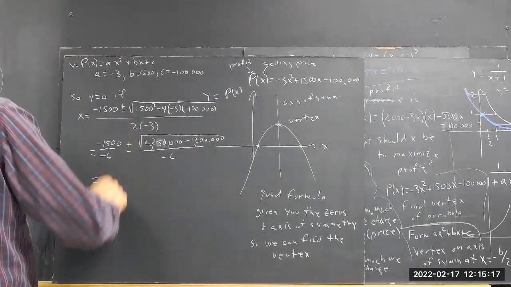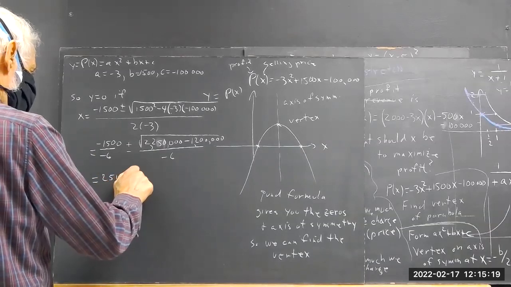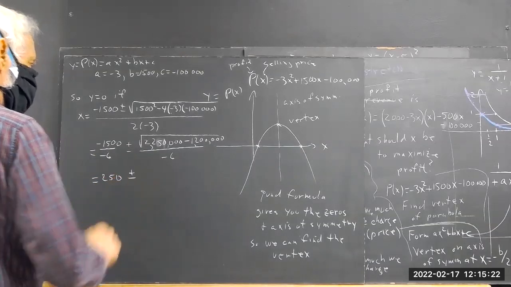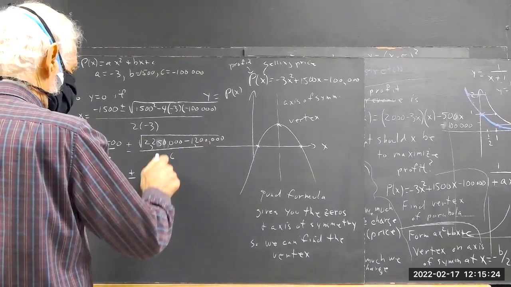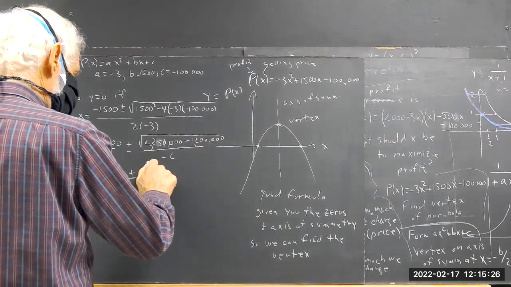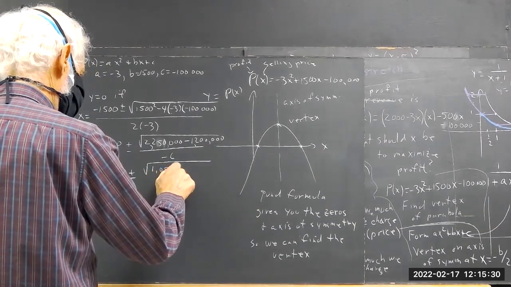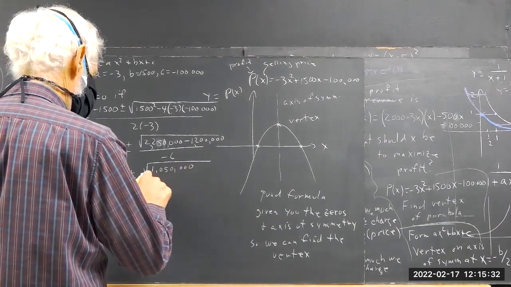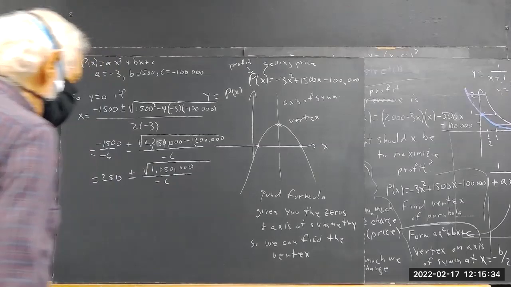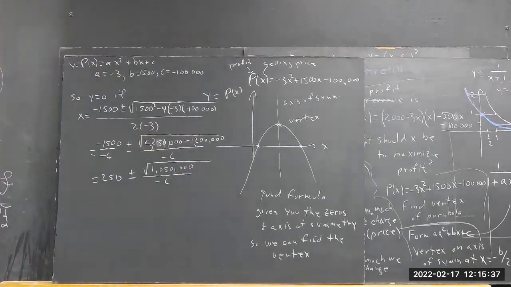Well, 1,500 over 6 is 250. And this is 1,050,000. When we do the arithmetic, if I did it right, check me on it.